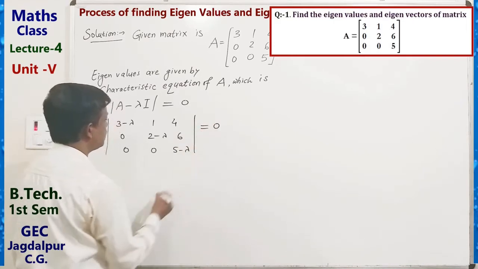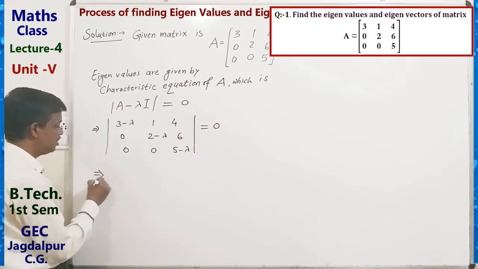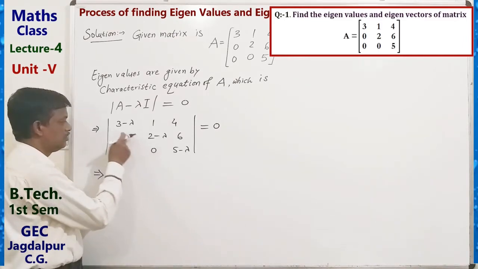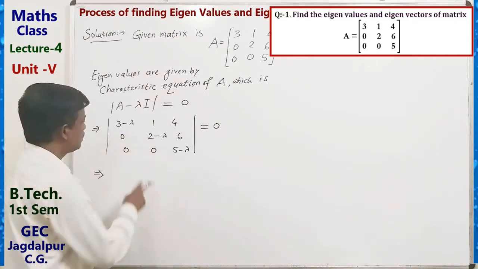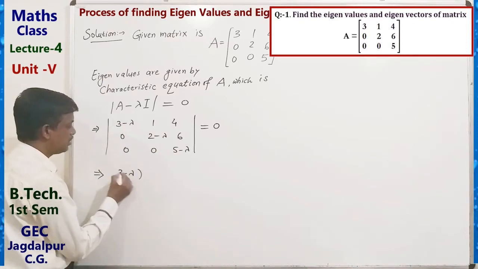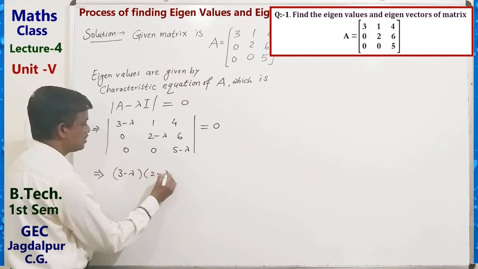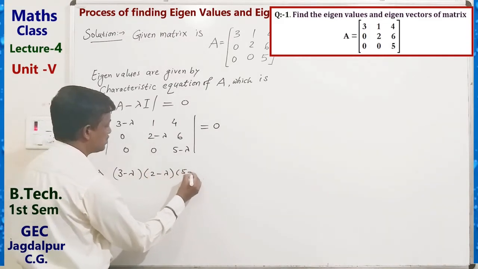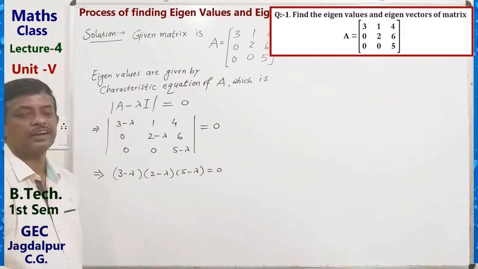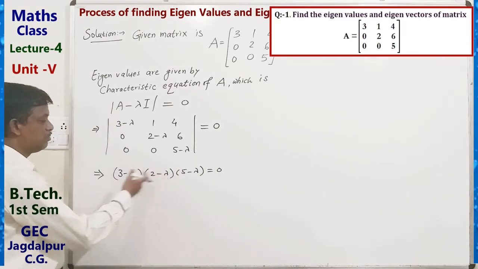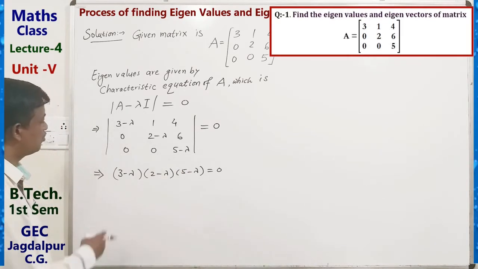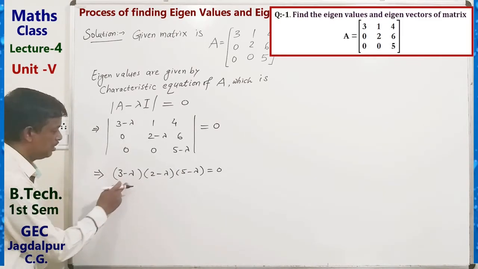This determinant is very easy to solve because these entries are 0, so we get 3 minus lambda into 2 minus lambda into 5 minus lambda. Just by multiplying it, you can get the characteristic equation as a polynomial of third degree in lambda.